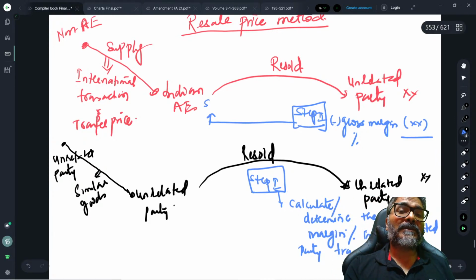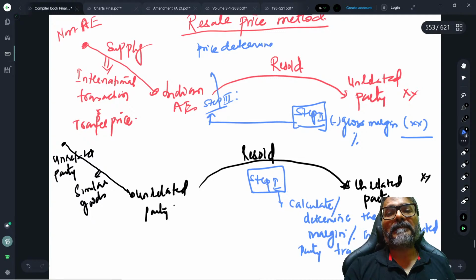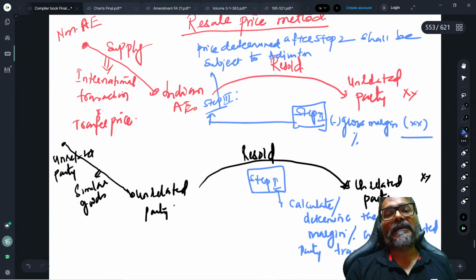At this stage, students, step 3. Here, whatever the price which you have determined, what you are going to write here is: the price determined after step 2 shall be subject to adjustment relating to the uncommon factor.